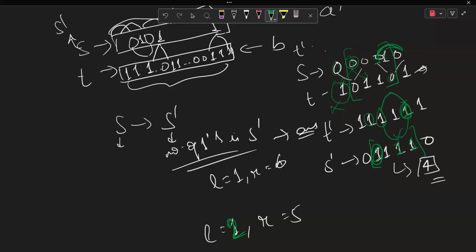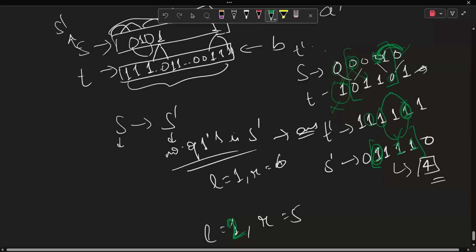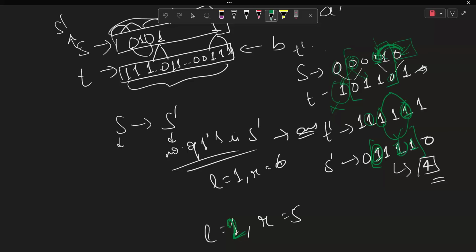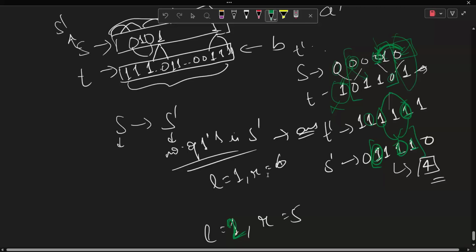So to convert this 0, you required this particular 0. Otherwise, this 0 couldn't have been converted to a 1. So it would remain a 0 in the case where we don't have this particular substring included.